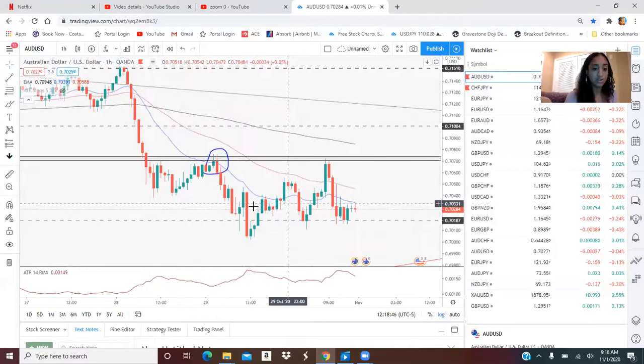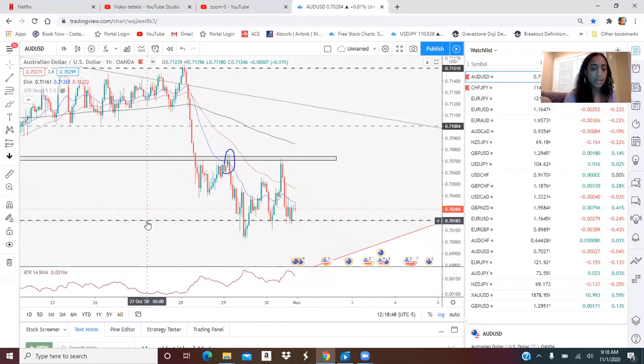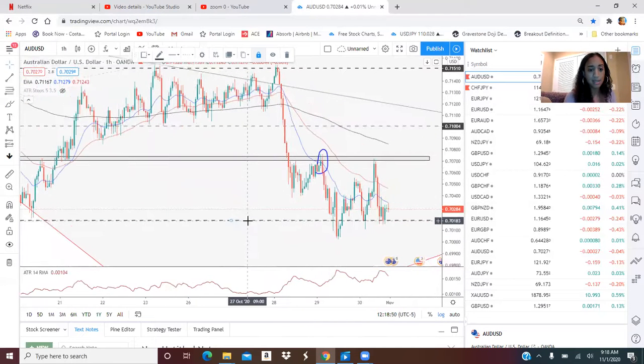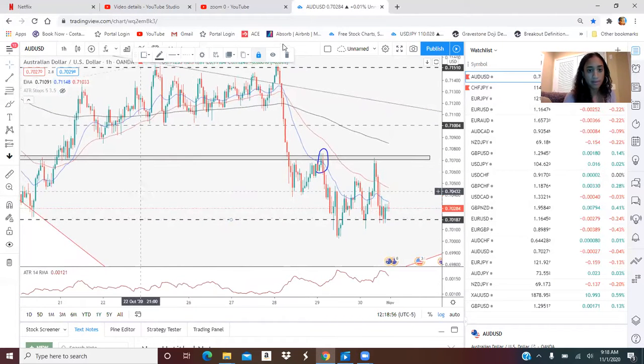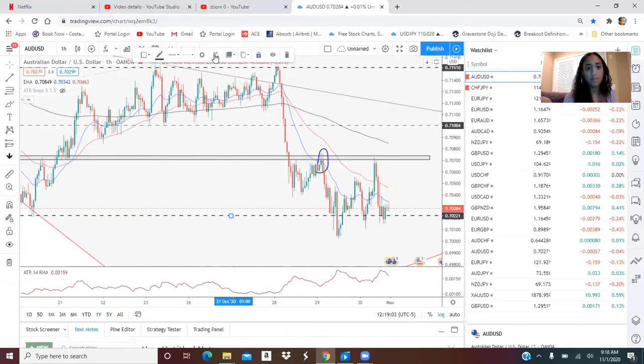So I did get into this trade. Now, where did I stop? I stopped at this structure right here, because of what happened in the past. I lock all my lines, so how many pips did I get on this?